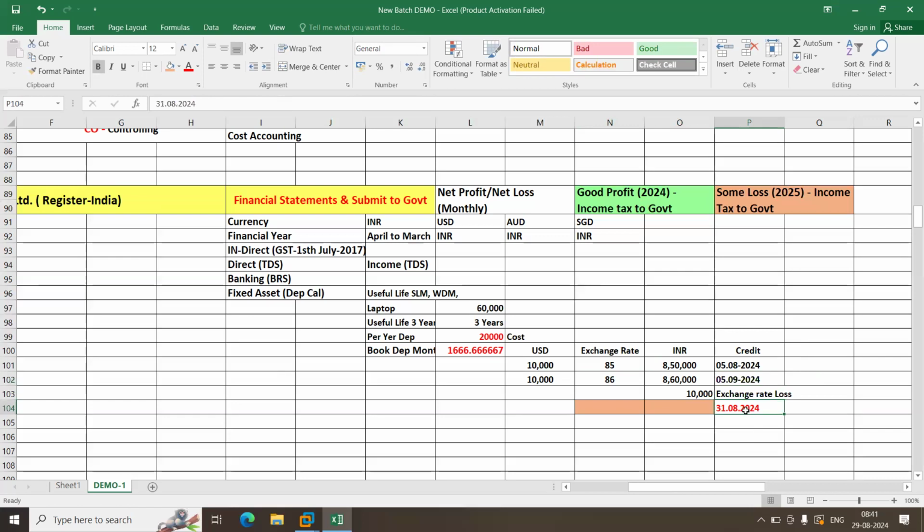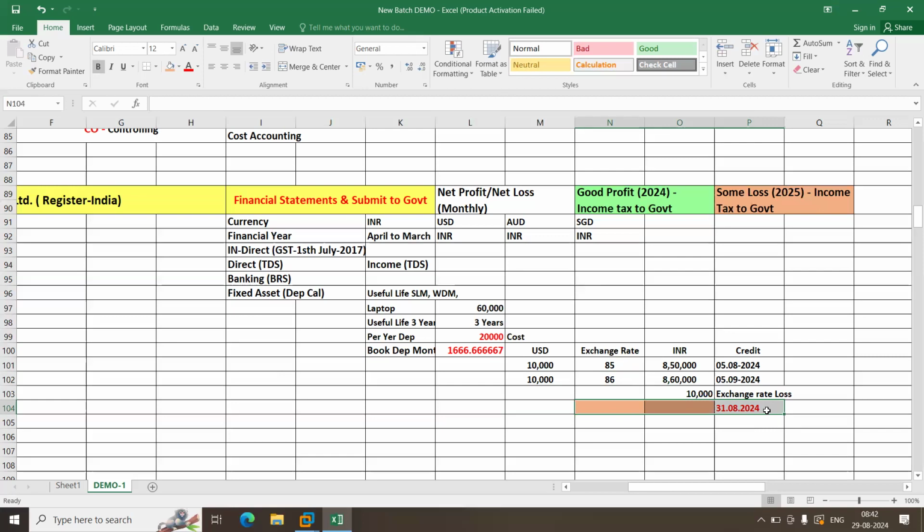I'm not going to pay. So on August 5th, 85 rupees is the dollar rate. Maybe on 31st August, it can be more or less. So another 2, 4, 5 days I have to pay. So mostly as per the 31st rate, I'm going to assume this much is my future rate, increase or decrease. So these are all called provision entries or accrual entries, month ending.